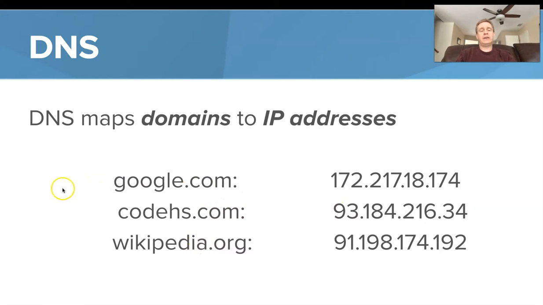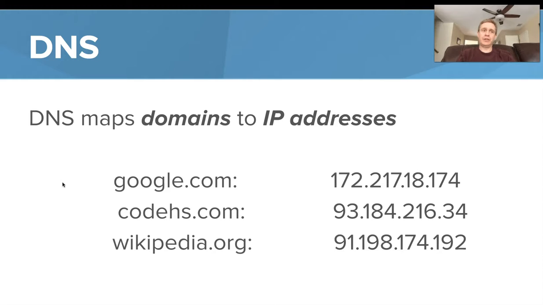A good analogy would be how you store phone numbers for your friends on your phone. When you want to contact one of your friends, I'm pretty sure you don't type in their phone number when you want to call them.